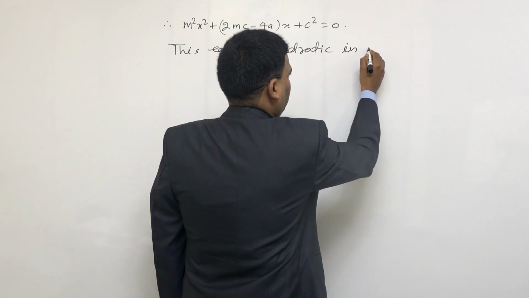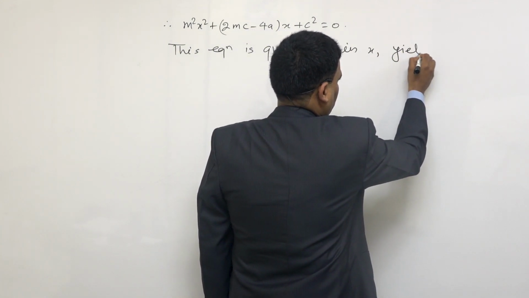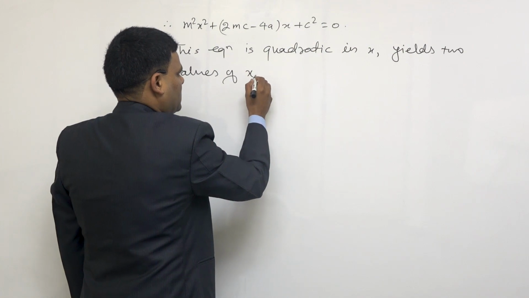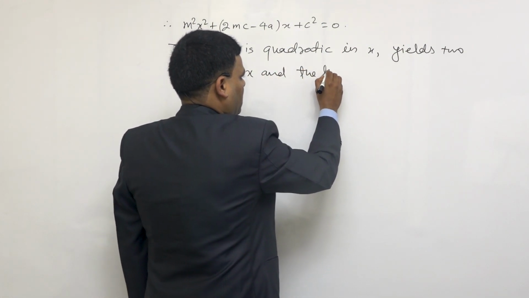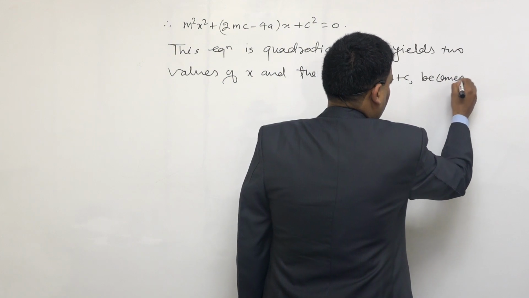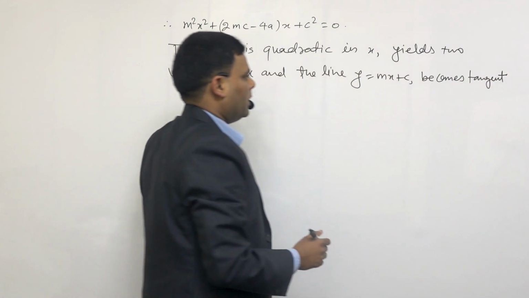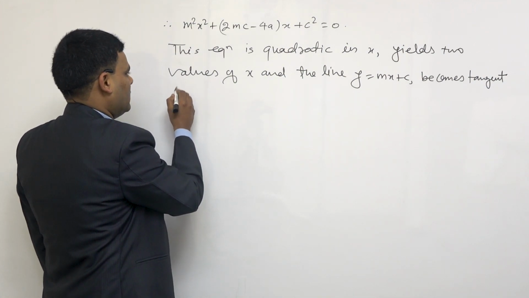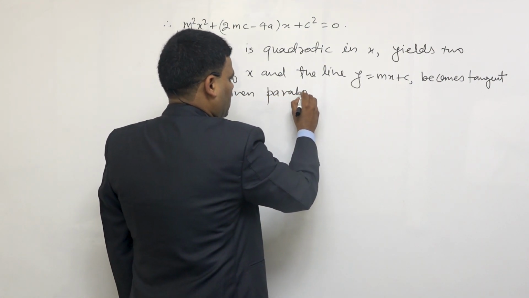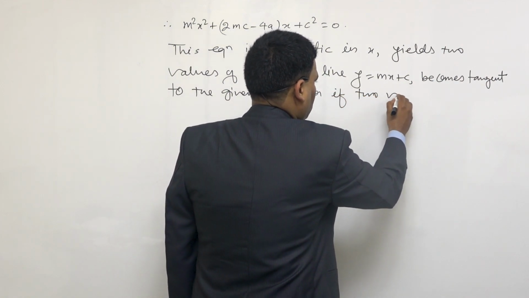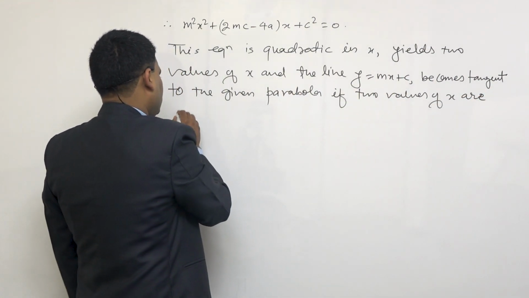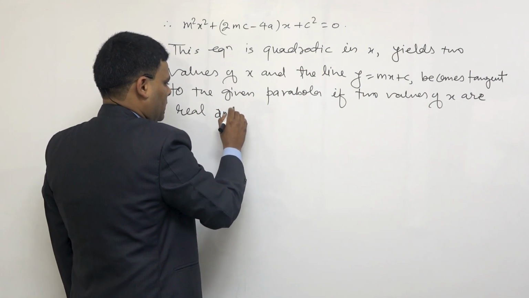This equation is quadratic in x, yields two values of x, and the line y equals mx plus c becomes tangent to the given parabola if two values of x are real and equal.